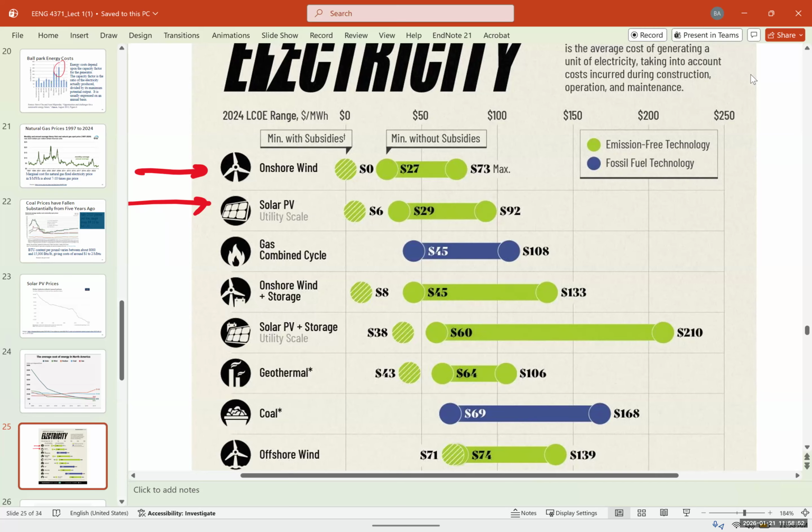Then we have onshore wind plus storage, and you can see that is a little bit more expensive. Still 45, but the higher end is 133. Do you know where the price increase comes from for onshore wind plus storage? The battery storage systems and the inverters.